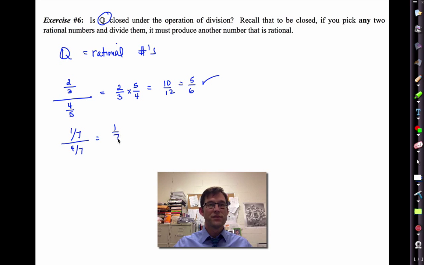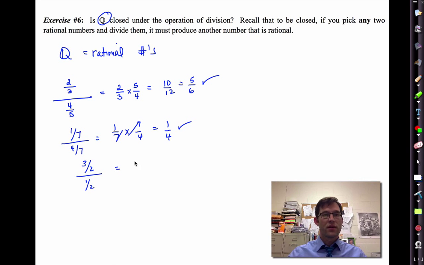So that would be 1/7 times 7/4, and that would be 1/4. Yeah, that's a rational number. How about 3/2 divided by 1/2? That would be 3/2 times 2, and that would be 3. Ooh, is that a problem? Oh, that's not a problem. That's an integer, right? So that's also a rational number.